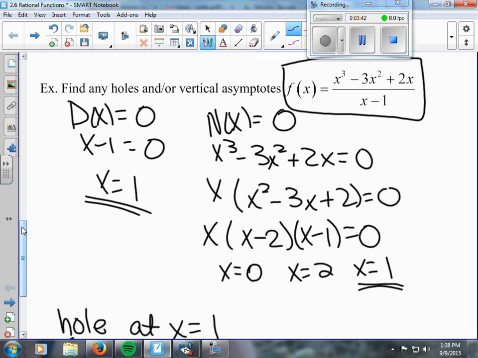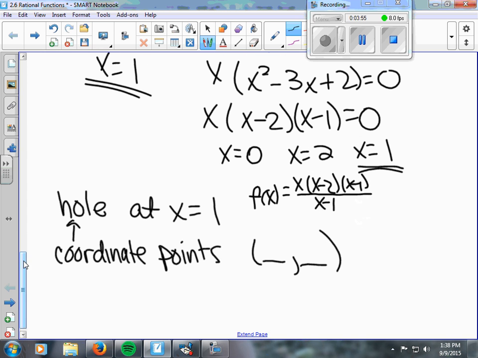So I'm looking at that function factored. See, I already factored it. The numerator is x, x minus 2, x minus 1. And the denominator doesn't need to factor. It's x minus 1. And x minus 1 cancels. And so everywhere except for at 1, f of x would be equal to x times x minus 2.